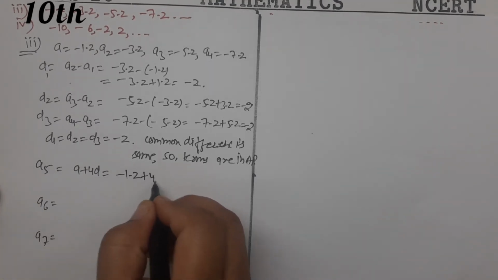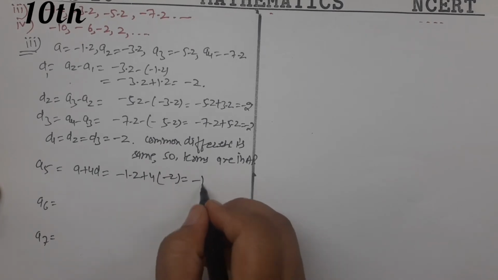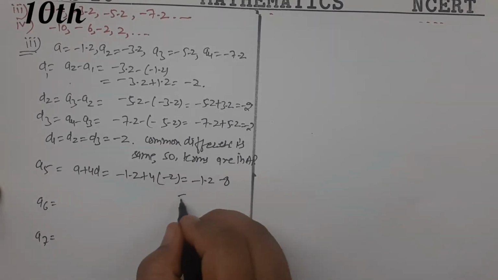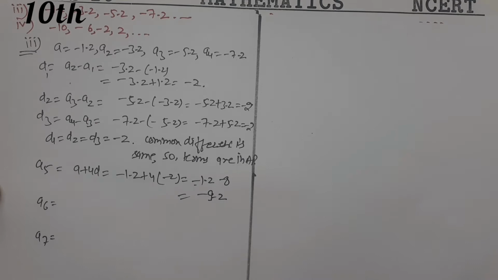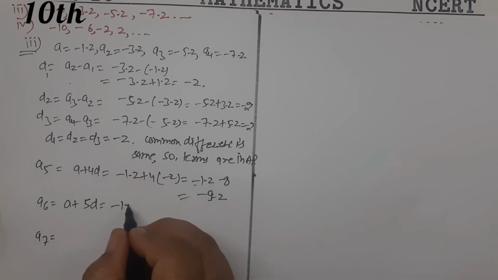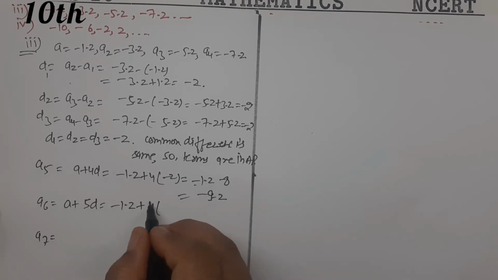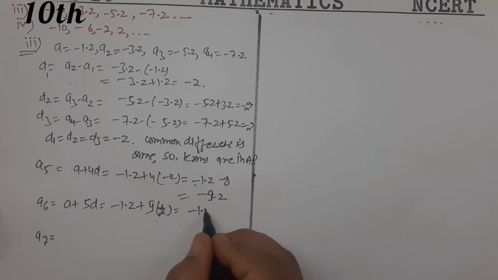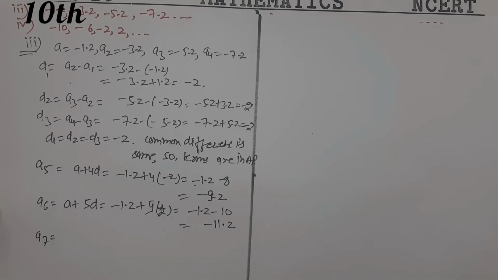Put the values: 4 into 8, minus minus plus. a5 is -9.2. a6 is a plus 5d. a is 1.2, 5 into -2, it makes -11.2. a7 is a plus 6d.